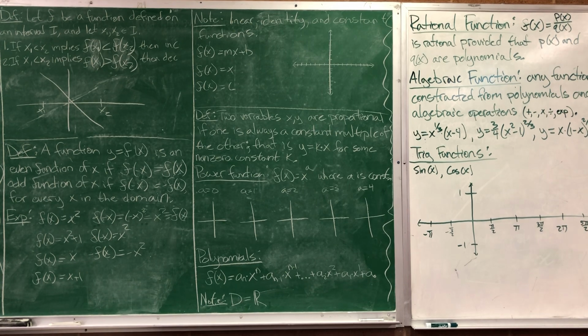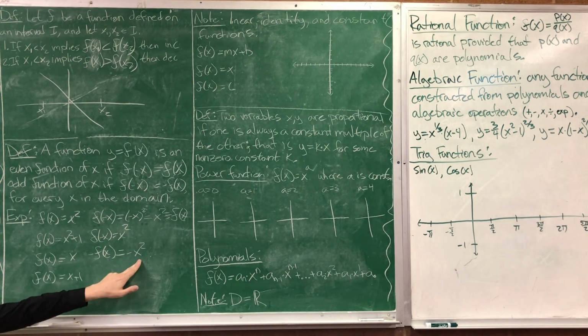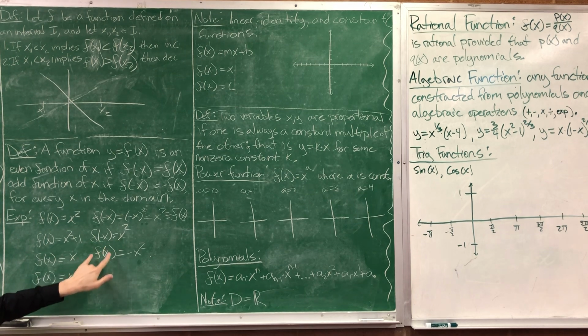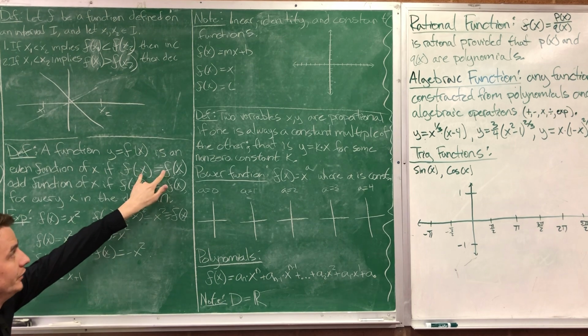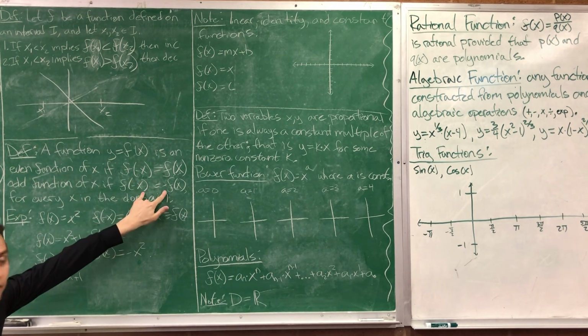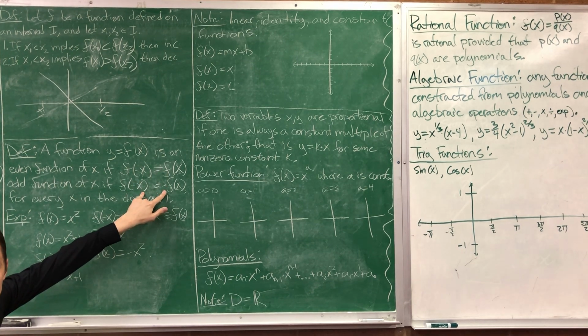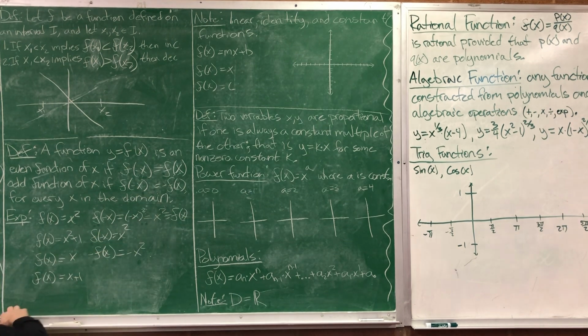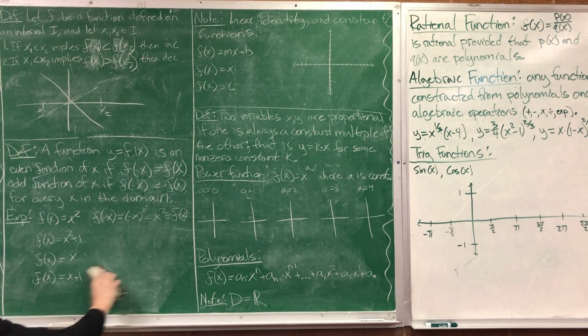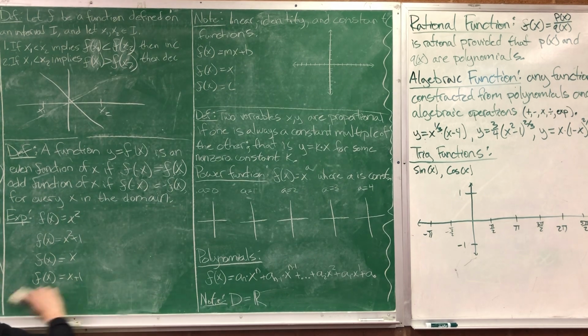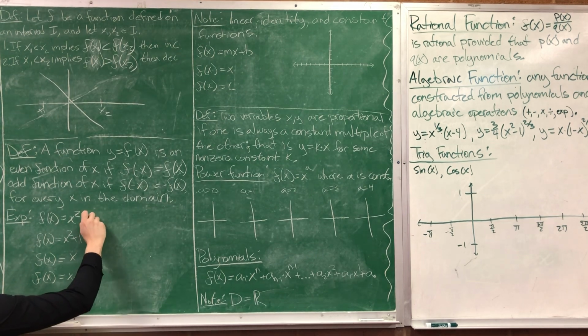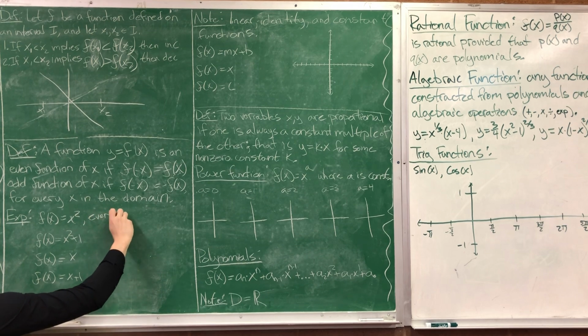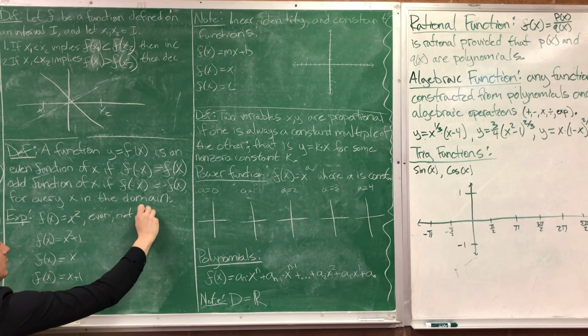Is x squared and negative x squared the same thing? No. So f of negative x and negative f of x are not the same thing. So it's not odd. It was even, these were equal. It was not odd because these were not equal. Make sense? So this one was even, not odd.